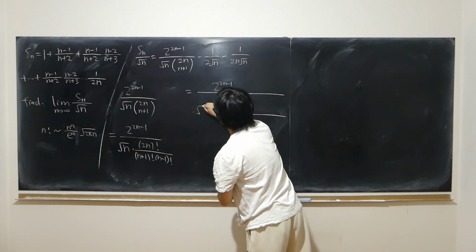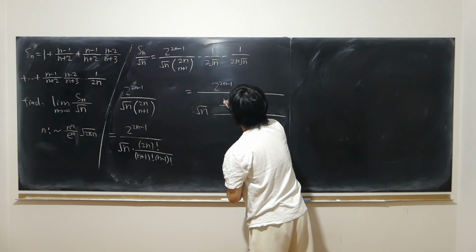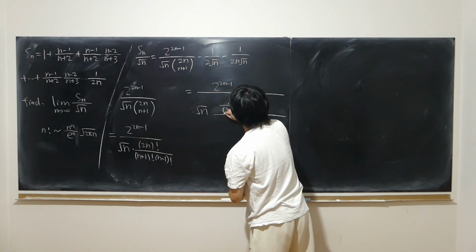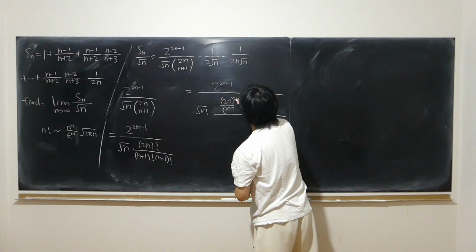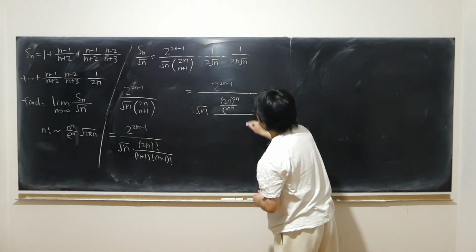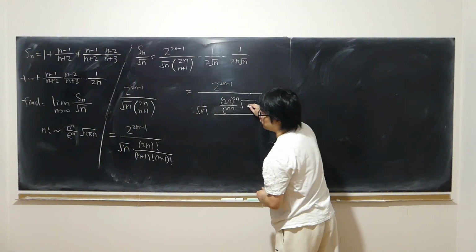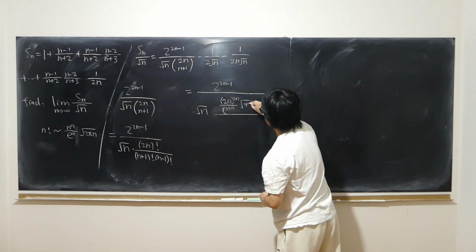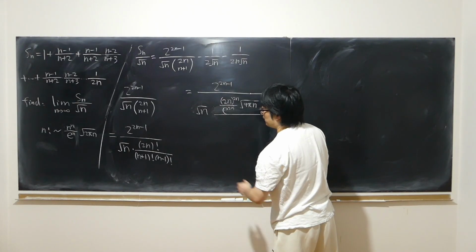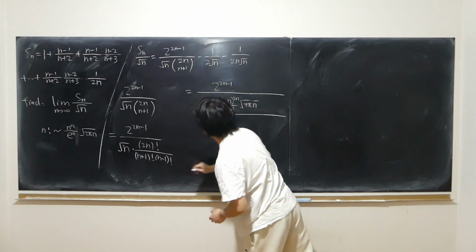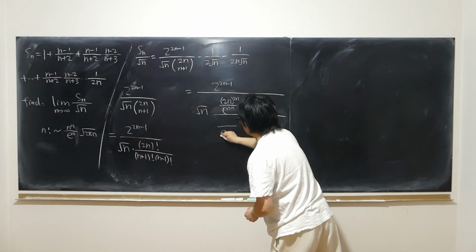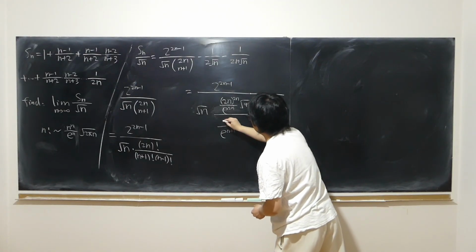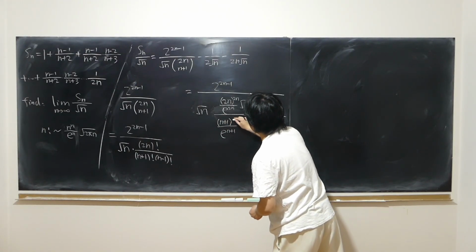First of all, you have e to the 2n, 2n to the 2n, square root of 2 pi 2n, so 4 pi, and that's your 2n factorial. Then n plus 1 factorial: e to the n plus 1, n plus 1 to the n plus 1.